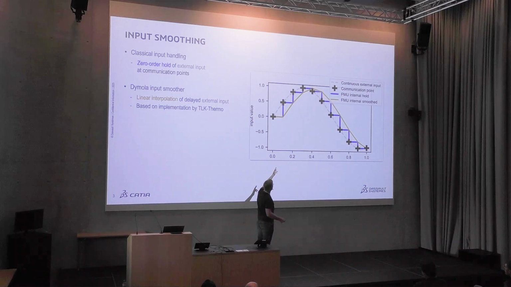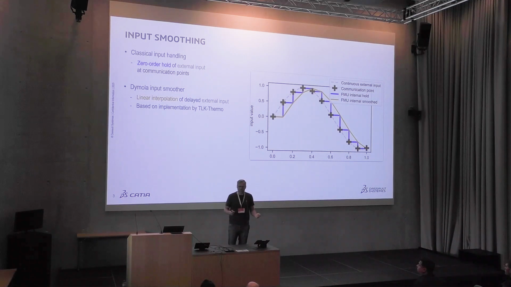You delay the input signal, and you can then ramp up to the new value. So instead of setting the new value immediately, you delay it, and then you ramp up to it. And in this way, you get a continuous input signal. So the yellow line is what the integrator inside the co-simulation FMU sees.